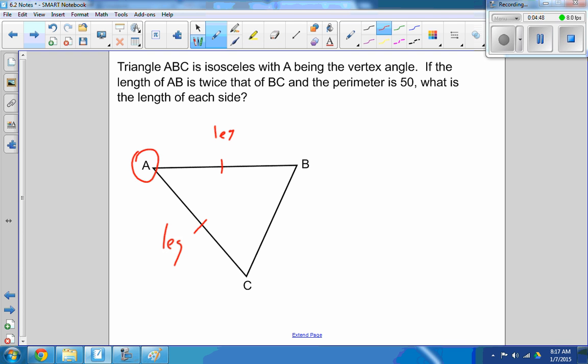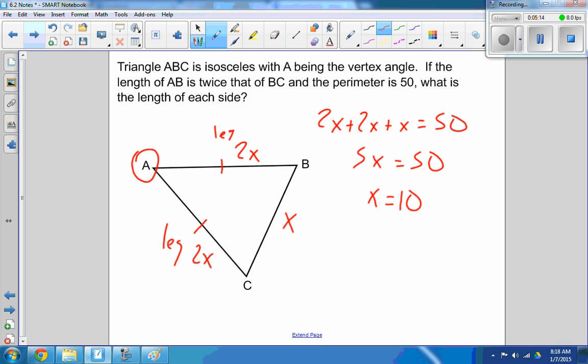If the length of AB is twice that of BC, and the perimeter is 50, what's the length of each side? So 2x plus 2x plus x equals 50. So 5x equals 50. So x is 10. So plug that in. 20, 20, 10. And that's the length of each side.